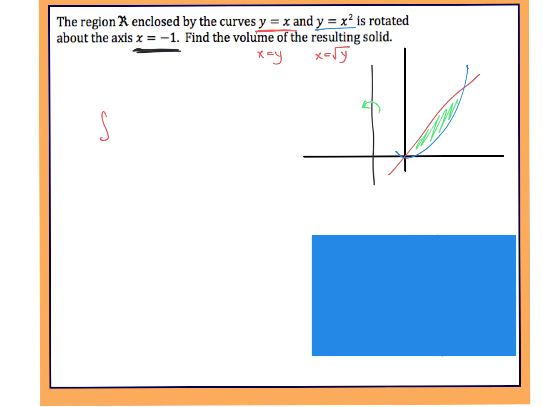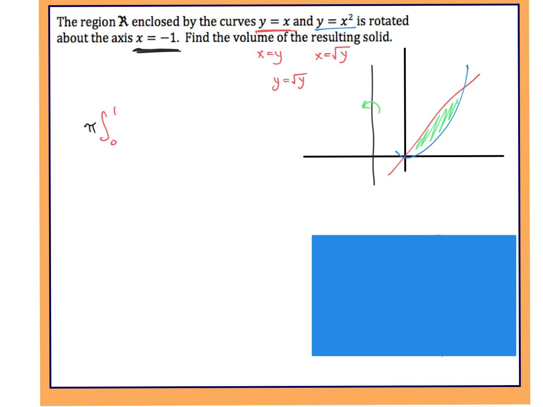How do we figure that out? We set them equal. So we'd have y is equal to square root y. When do we get that? 0 and 1. Now, if you did it purely math ways, you're going to get negative 1 as well. However, that's what kind of solution? Extraneous.